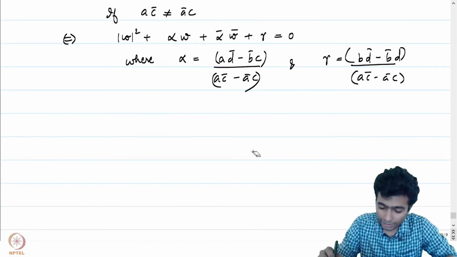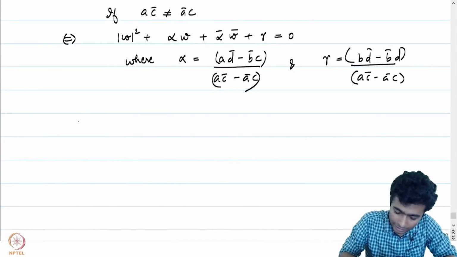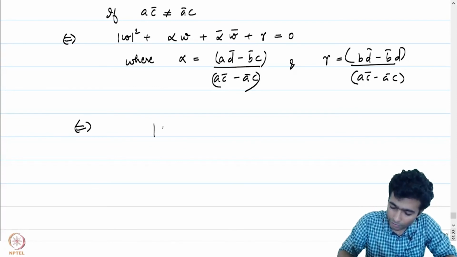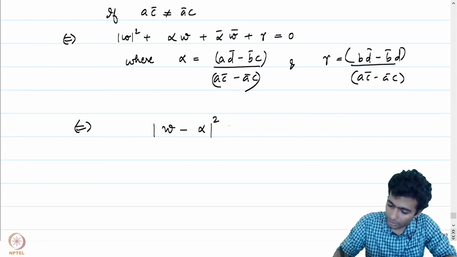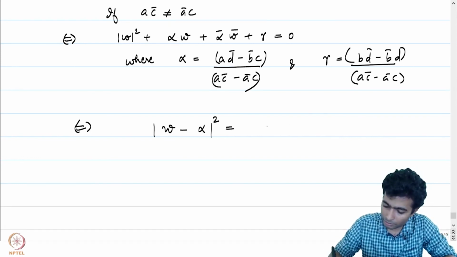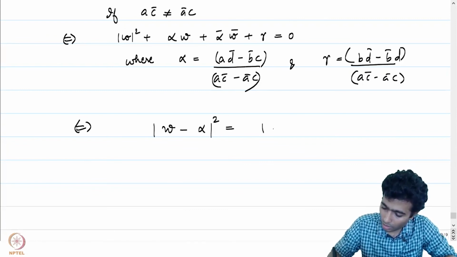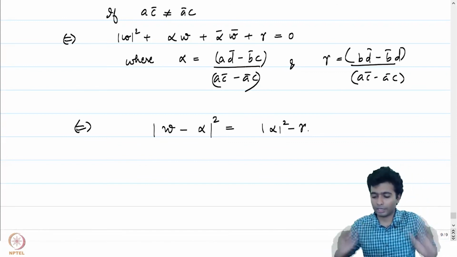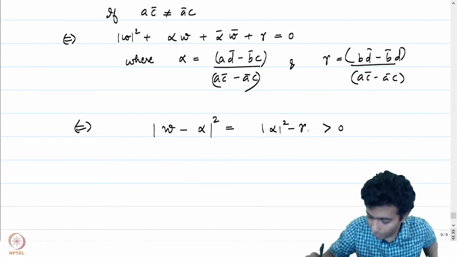The expression here can be very easily rewritten as |W − alpha|² is equal to |alpha|² minus gamma. I'll leave it for you to check that this is going to be greater than 0.